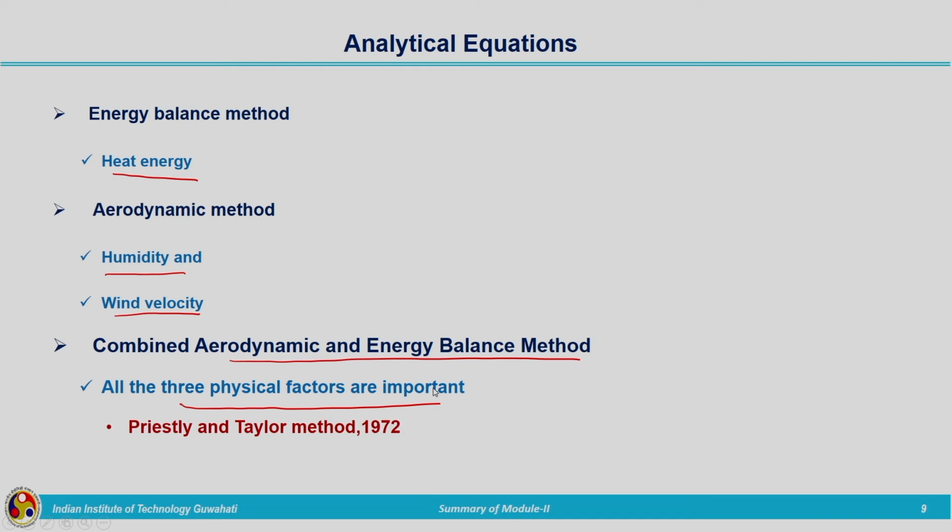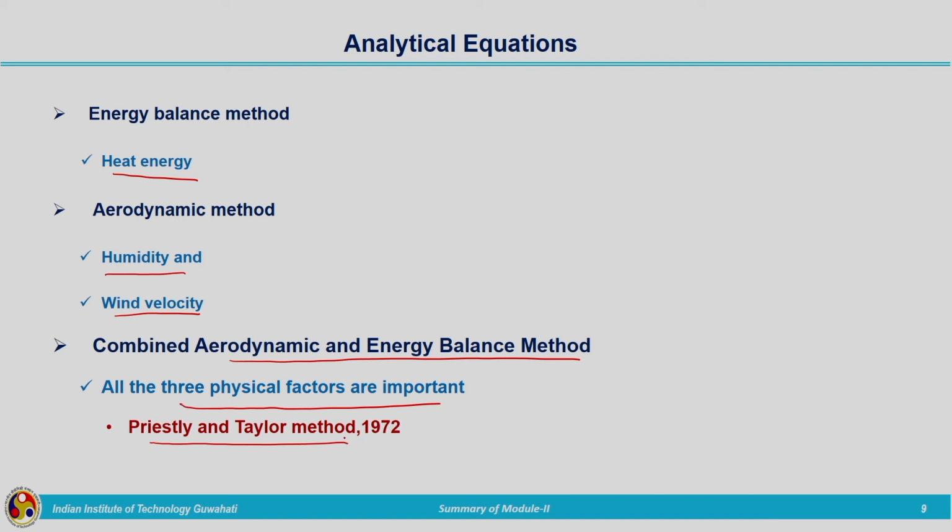The combined aerodynamic and energy balance method gives an accurate value of evaporation, because it incorporates all the major factors influencing evaporation: heat energy, wind velocity and specific humidity. One common method we have found is the Priestley and Taylor method.